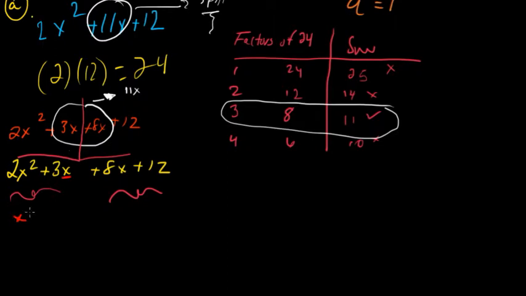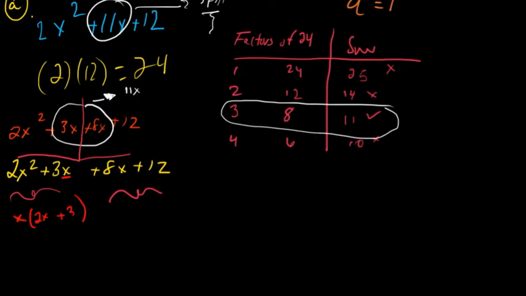No. So what are we left with? We want to get a 2x squared here, so we're left with a 2x, because 2x times x will give me 2x squared. And then we want a plus 3, because when we multiply x times 3, we get plus 3x when we distribute this x.